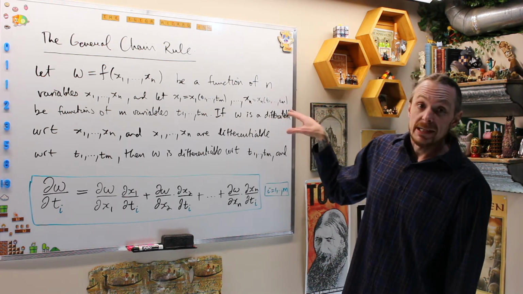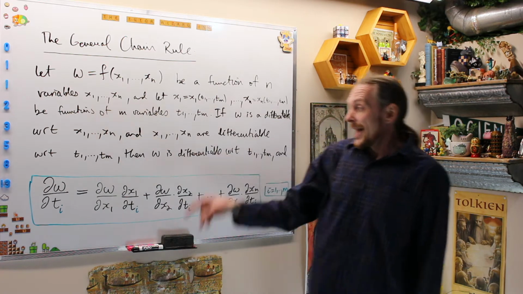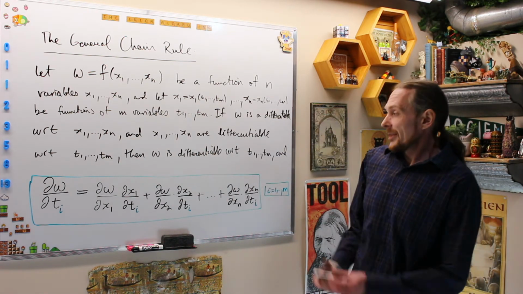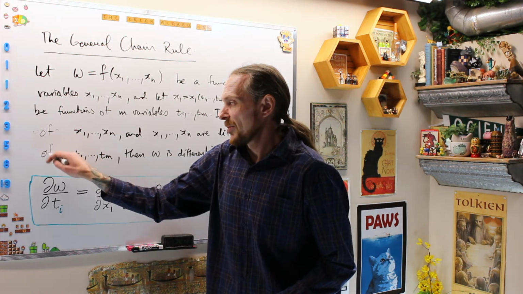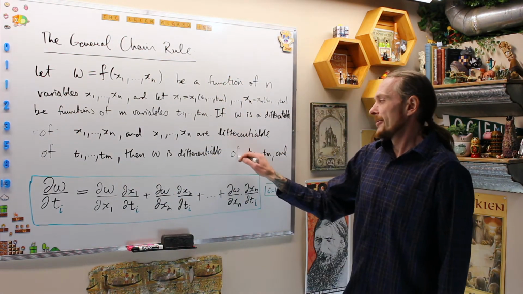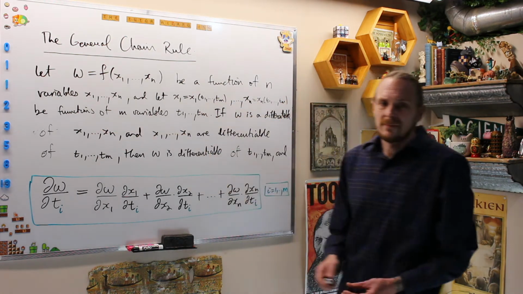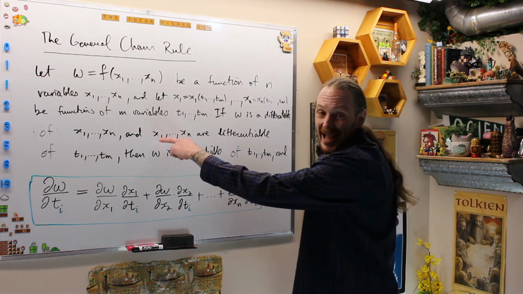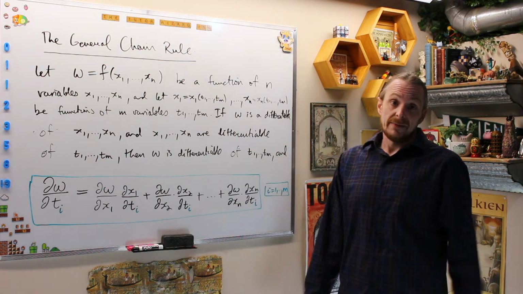If w is a differentiable function of these variables, and technically speaking, it should say of, not with respect to, not the partials, of. So w is a differentiable function of the first ones, and these x1 to xn are all differentiable functions of these variables.